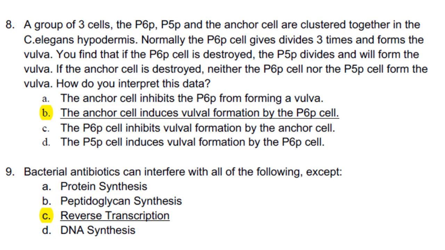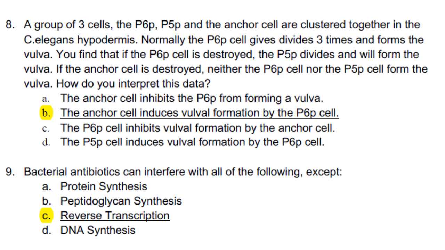Normally the P6.p cell divides 3 times and forms the vulva, but if it is destroyed, the P5.p cell will form the vulva. Now if the anchor cell is destroyed, neither P6.p nor P5.p cell will form the vulva. So the anchor cell is needed for vulval formation.